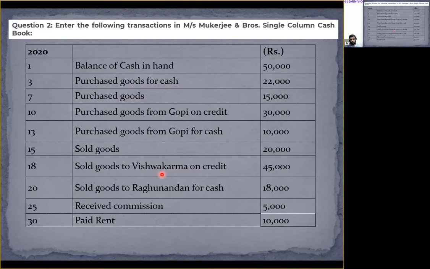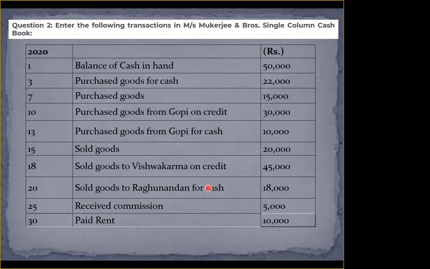All right. On the 20th, sold goods to Raghunandan for cash. Now it will be recorded on the debit side. Will we write the name of the customer, or will we write the sales account? Tell me. Sales account.